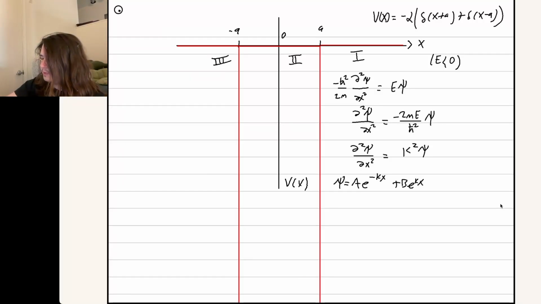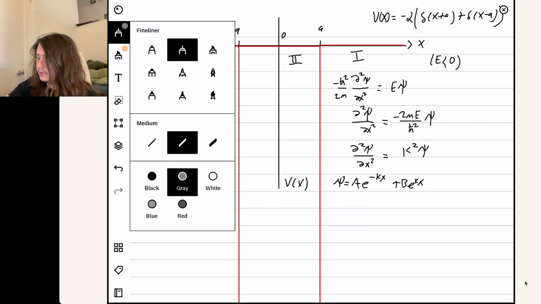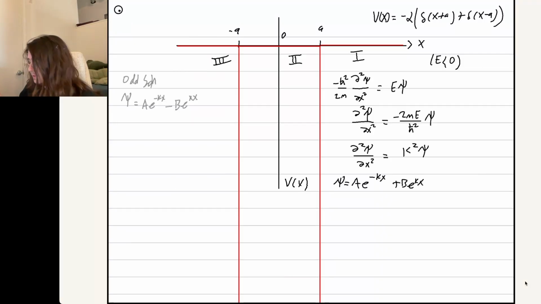What I've just written down is an even solution, but we can have odd solutions to the Schrodinger equation: psi equals A e to the minus kx, and then a minus sign on the positive exponent term, which we're also going to look at, but we're going to focus on the even solution right now.